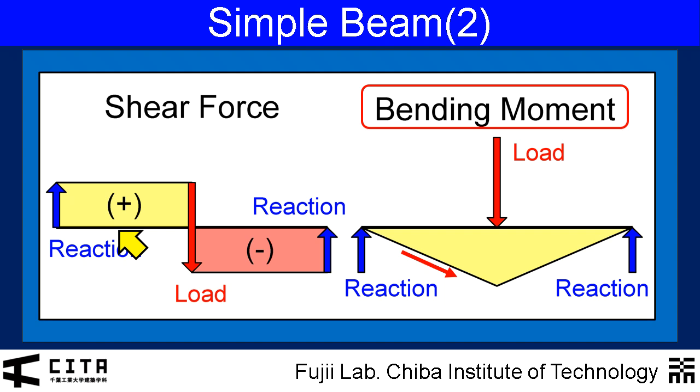Here, please pay attention to the relationship with the shear force. On the left side of the beam, the shear force is positive, and in that region, the bending moment increases downward as we move to the right. In contrast, on the right side of the beam, the shear force is negative, and in that region, the bending moment decreases as we move to the right.